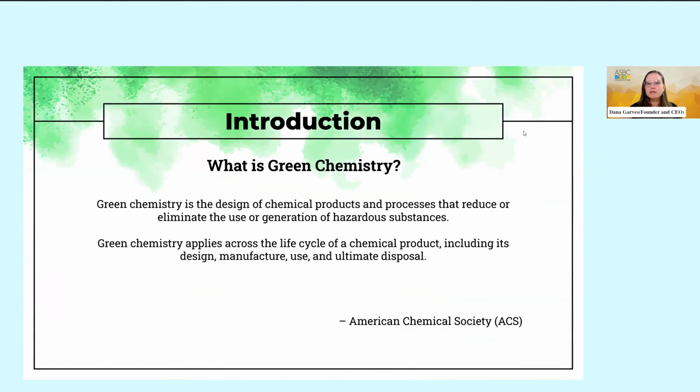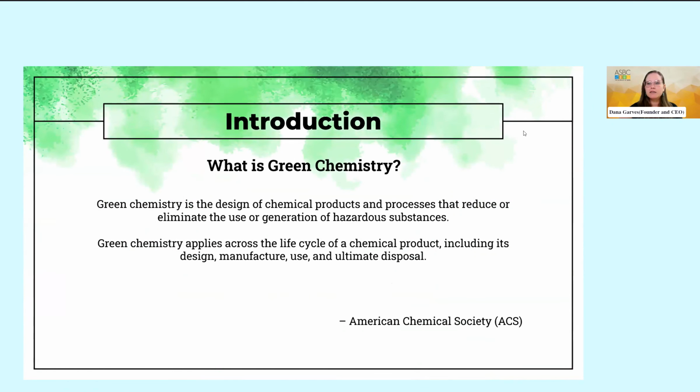So put simply, it's a set of guiding principles that reduce environmental impact of chemical industries. And since beer is a solution, that means beer is chemistry, and therefore we can apply green chemistry to the process of making beer and the process of testing beer quality.